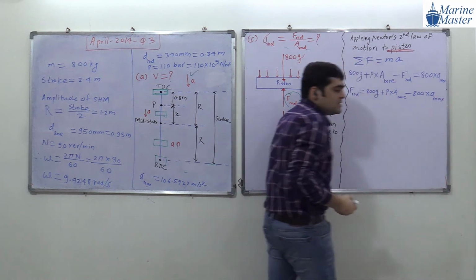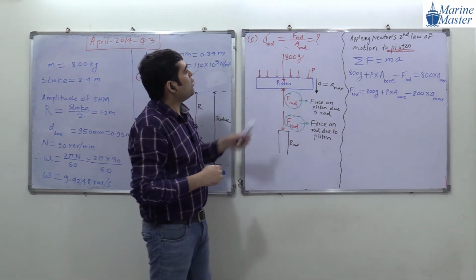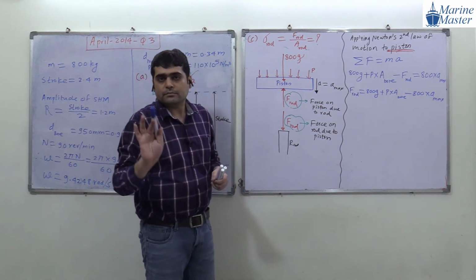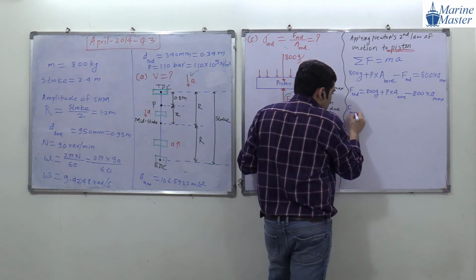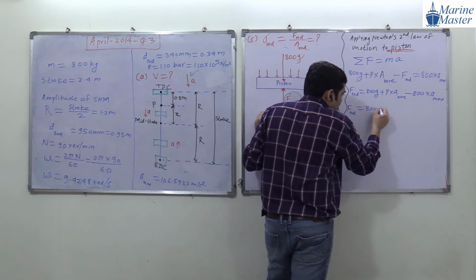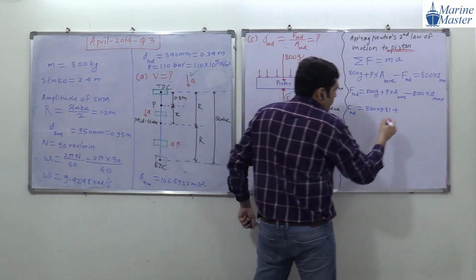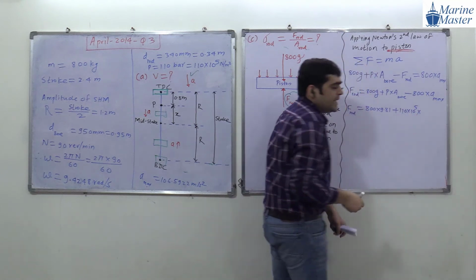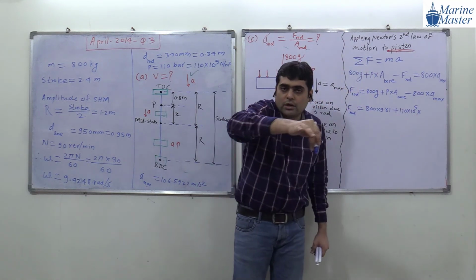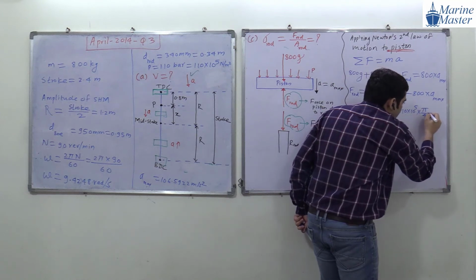Anyone have any doubt in this discussion, guys? And why are we calculating F rod? From F rod we will get the stress in the rod. So F rod will be equal to 800 multiplied by 9.81 plus pressure, which is 110 into 10 raised to the power 5, into the area of bore. Bore will be circular, so area of bore is pi by 4 into diameter of bore square.